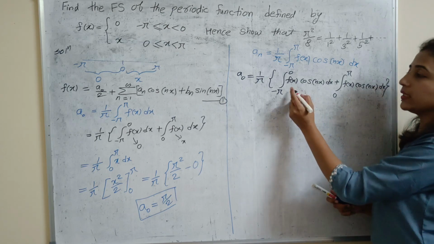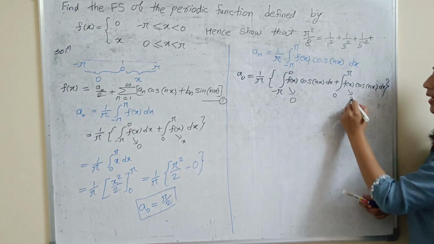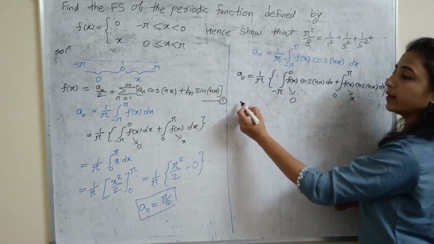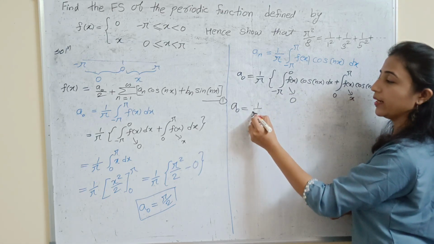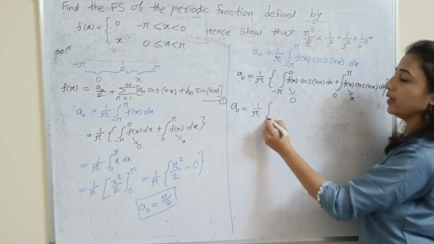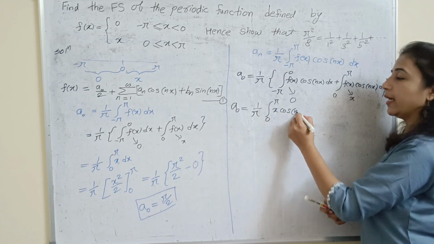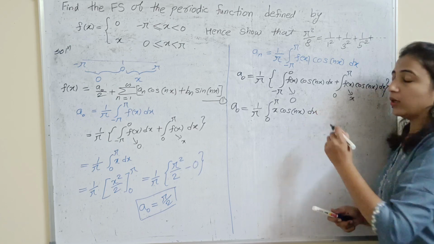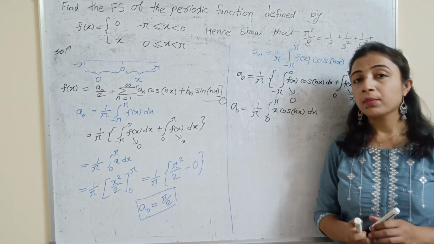Now here in this interval value of function is 0 and here it is x. So again no need to write the 0 term, so I will write only the second integral 0 to pi x cos nx dx.